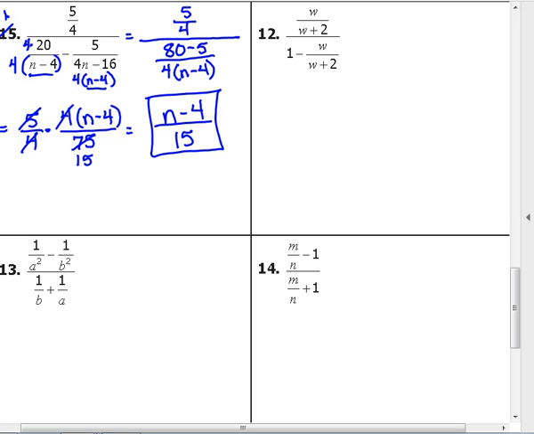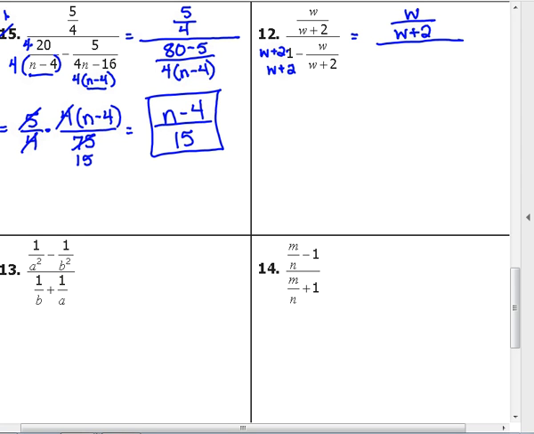Okay, number 12. Numerator, we're good. Single fraction. So we're good right there. Now, be careful with this. In the denominator, that 1 doesn't have a denominator at all. So it needs to have the same denominator as the other fraction there in the bottom.